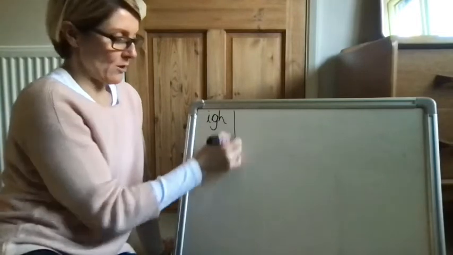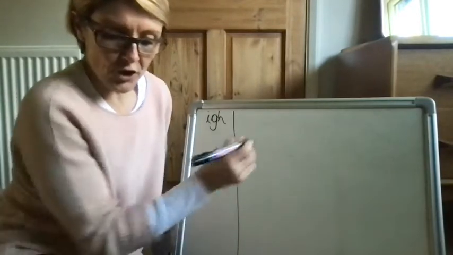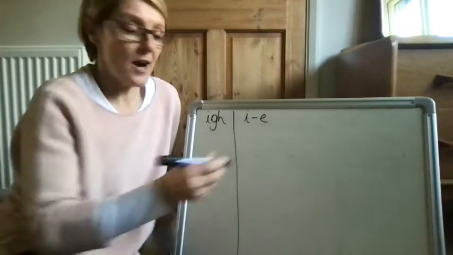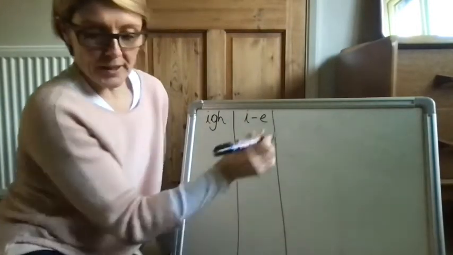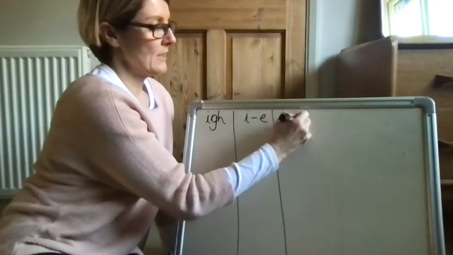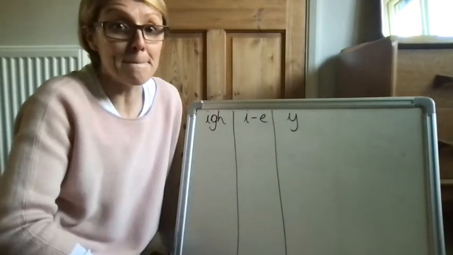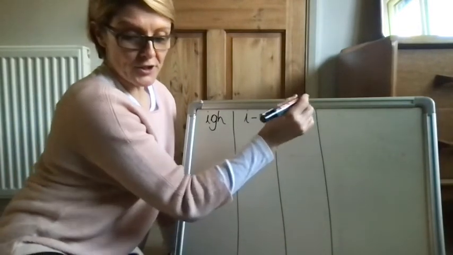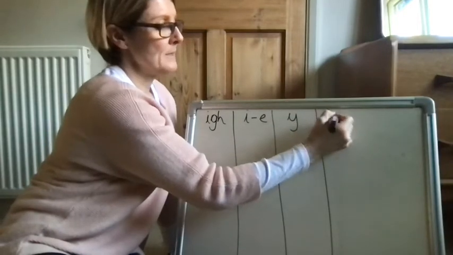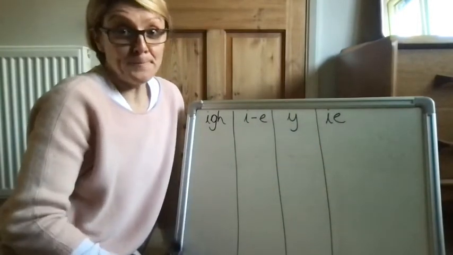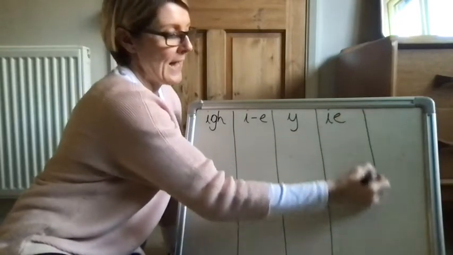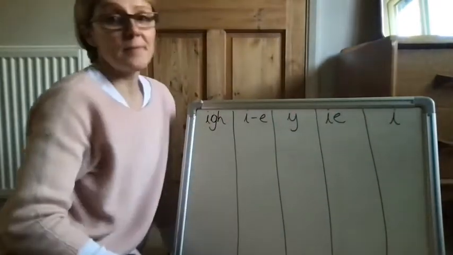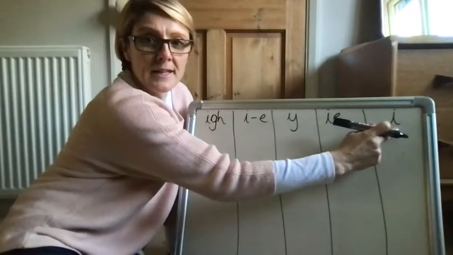So we've got this spelling of I. We've got the split digraph, I. We've got this one, like in my, that one. We've got this one. And then we've also got this one. I'm not sure we looked at this one last time.